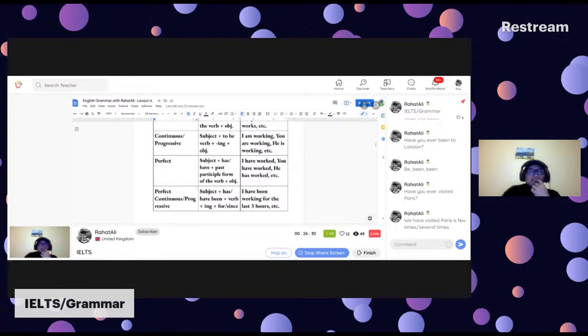And another good example is an action that was completed in the very recent past. And in these types of examples, as learners, we many times get confused. Say, I have just finished my homework.